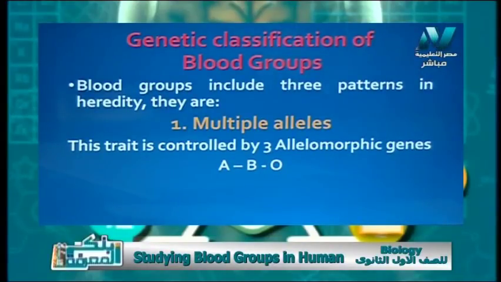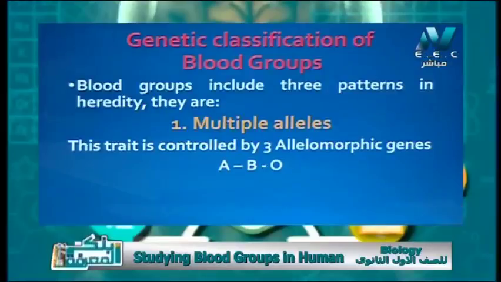Actually, starting with multiple alleles, we used to say that each character is controlled by just 2 genes. Speaking about Mendelian characters, Mendel told us that there is a gene that is dominant and another gene that is recessive. So of the 2 genes, one is dominant and one is recessive.